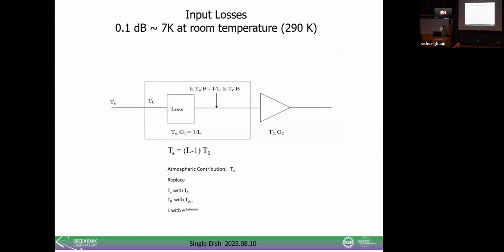In the ideal world, we'd have no losses in front of the amplifier, but the fact is there are many components in front of the amplifier. Since you cool these receivers, you have to have a dewar that's closed and evacuated, so you can cool it down to cryogenic temperature.